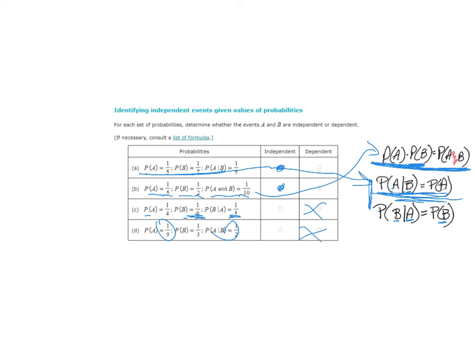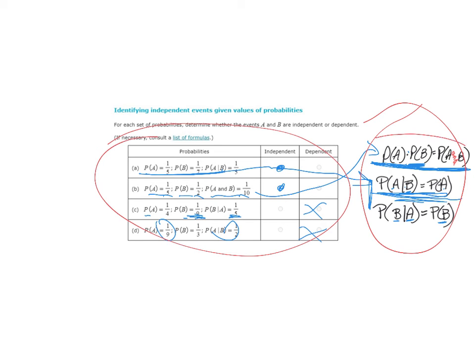So that would have to be dependent as well. So it's just basically write these three rules down when you're working this problem, okay? But really, the important one for independent is that one. In my opinion, this is the most important one right here. All right, moving on to the last one.